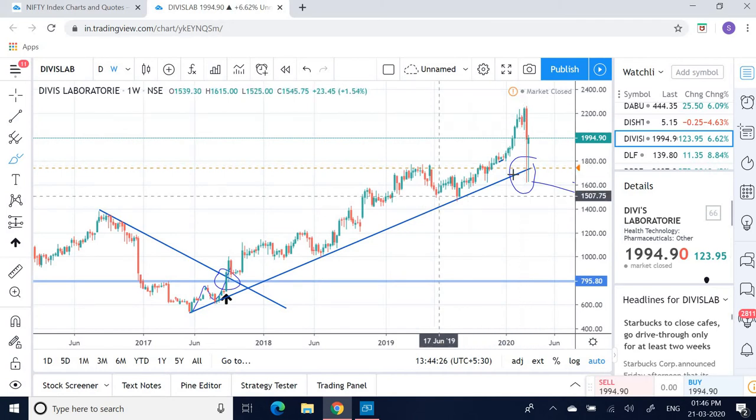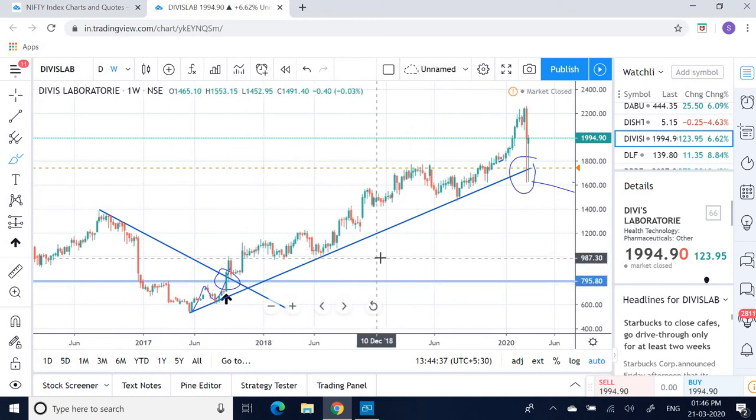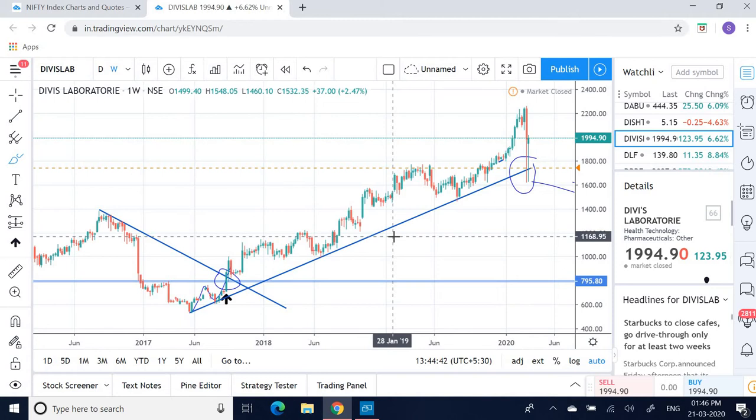Unless the previous lows are broken, the trend has not changed. Unless previous highs are broken like this, the trend has not changed. This is particularly very important for investors.